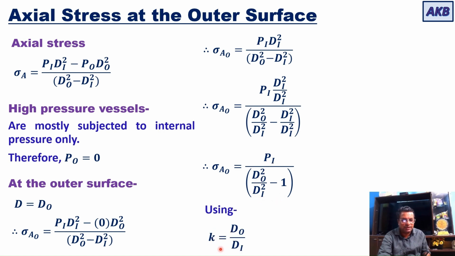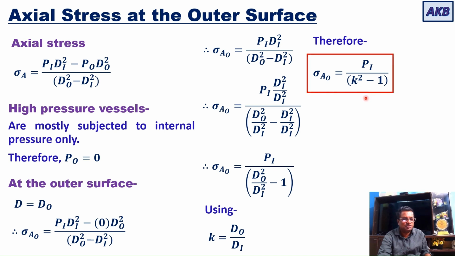And if you use k for do upon di, you get sigma AO is equal to Pi upon k square minus 1. That means as far as axial stress is concerned, its value at the inner surface, that is sigma AI, is the same as its value at the outer surface, that is sigma AI is equal to sigma AO.